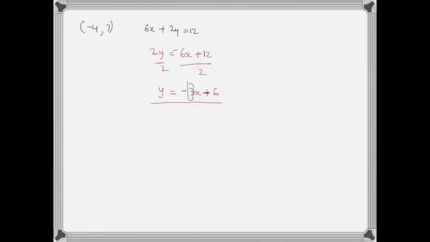The slope is very helpful because when two lines are parallel, their slopes are equal. So now we have one point and we also have the slope. Using these two, we can find the equation corresponding to this point and slope negative 3.